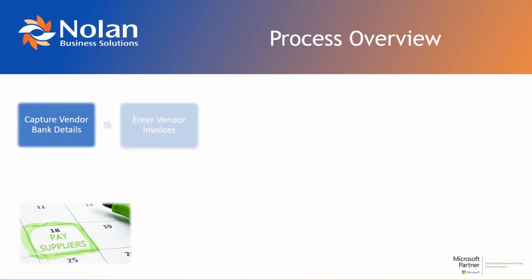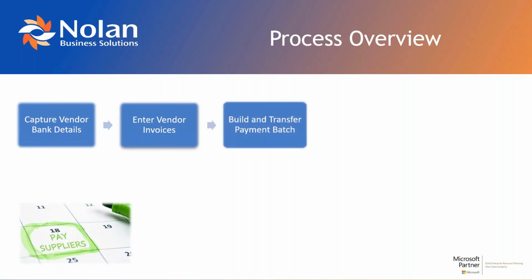As I mentioned before, we incorporate our process into the regular process in GP. It all starts with capturing the vendor bank details on the vendor maintenance screen, then entering your vendor invoices. That process in itself is not impacted. You can continue entering your vendor invoices in GP the simple way that you're doing today.